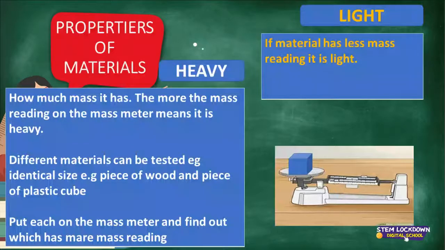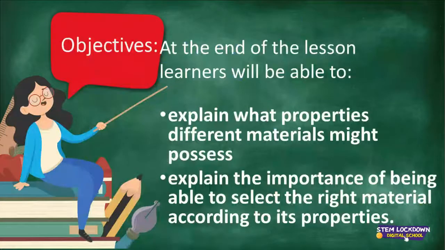You must be able to explain those properties. You must be able to explain the importance of being able to select the right material according to its property. I've just explained to you that it is important to know the right properties that you need for a material.